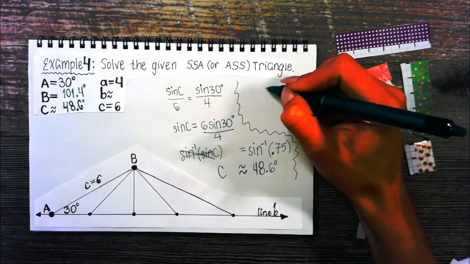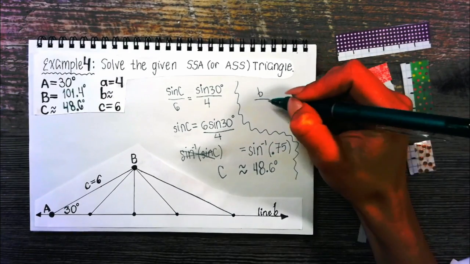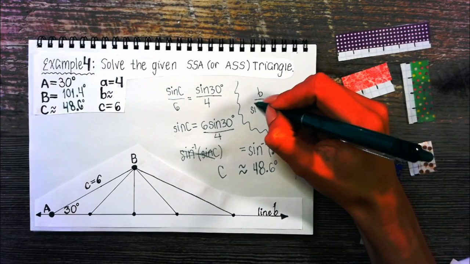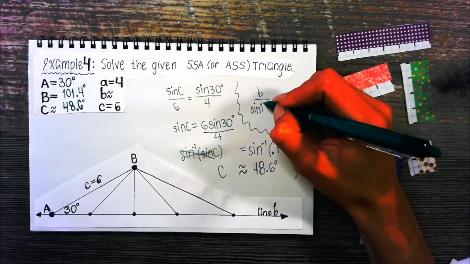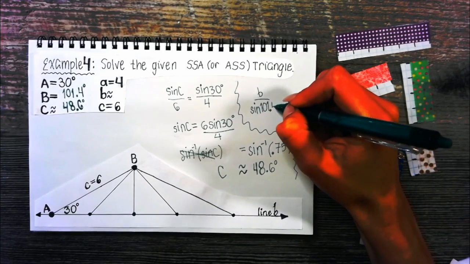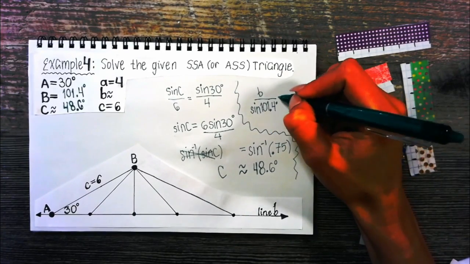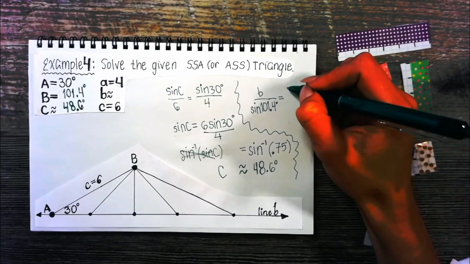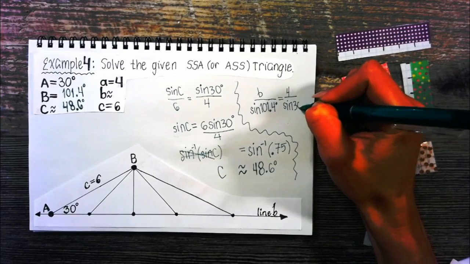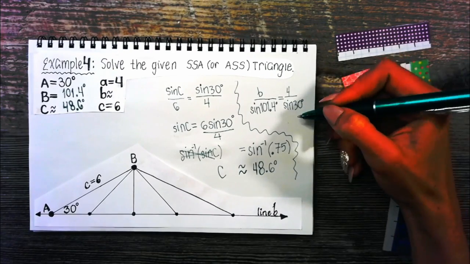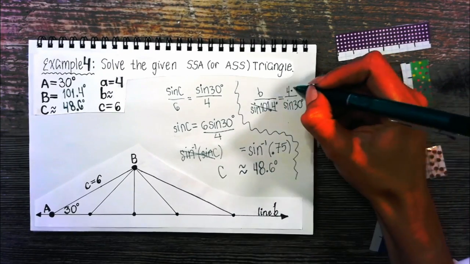Last, we'll set up law of sines one more time to find the approximate value of side B. Since we're solving for a side value, we will put B in the numerator and sine B in the denominator. Once again, I'm going to default to using the A values for the other half of this proportion since those values were given and they are not rounded.